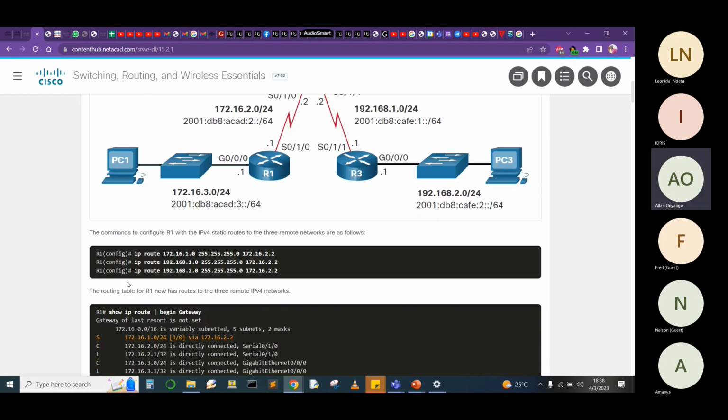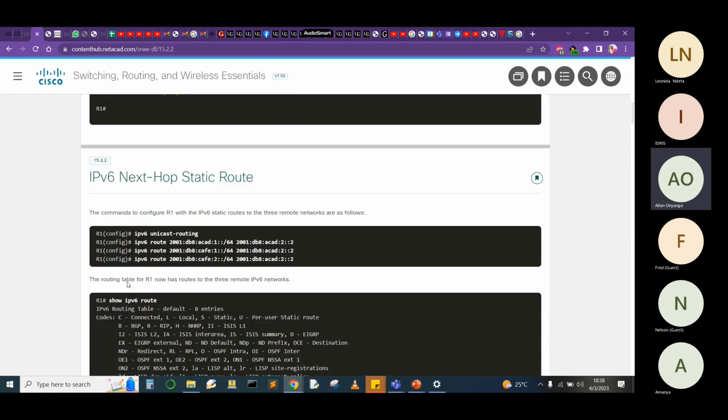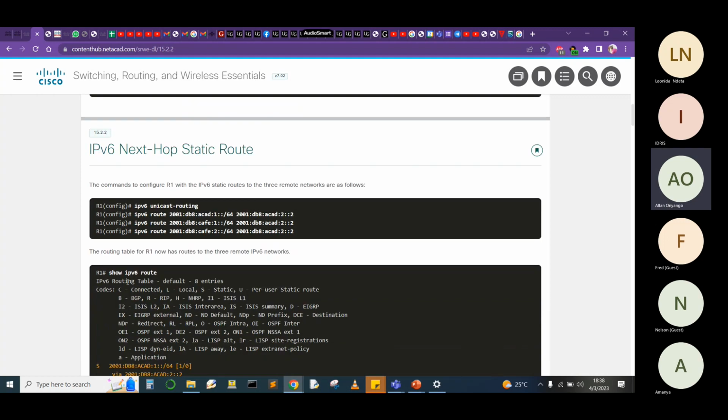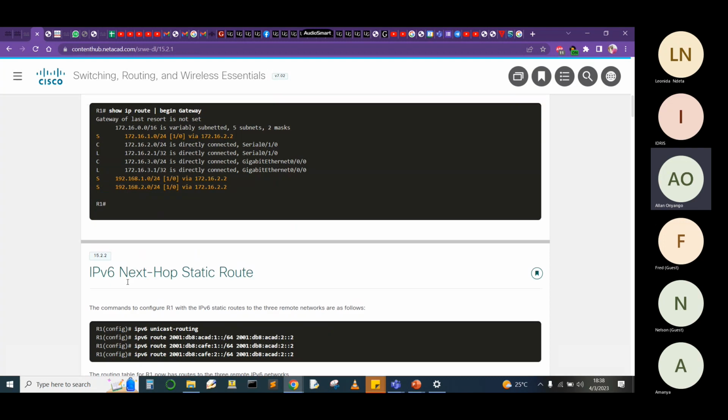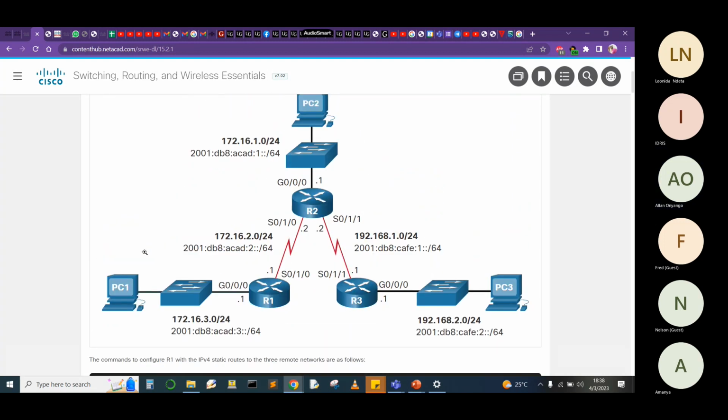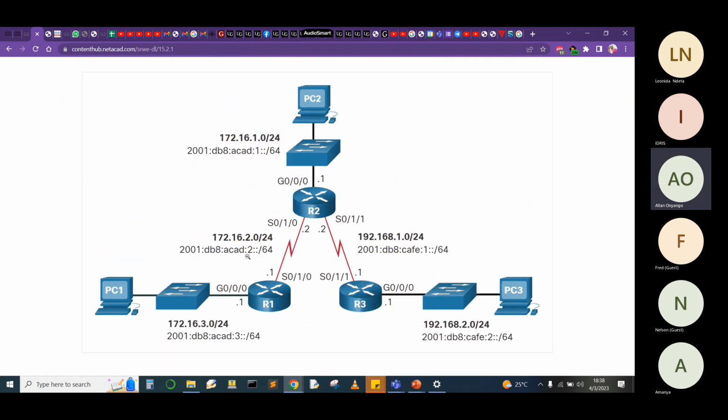Now, what if we want to do the same thing for IPv6? You realize that in IPv6 here, the next hop from R1 is 2001:DB8:ACAD:2::2. All right, that is the next hop.